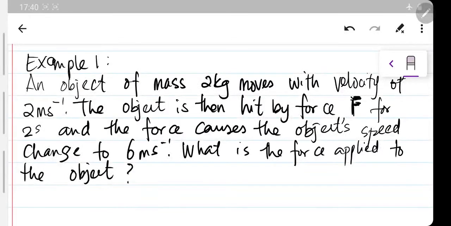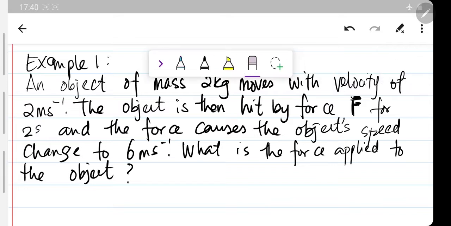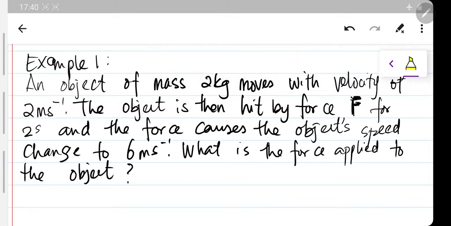Okay, let us study example number 1 that involves force equals mass times acceleration. Now, read the question carefully. This is what I always mention to you when you answer physics questions. And highlight, alright? Highlight important information given in the question.